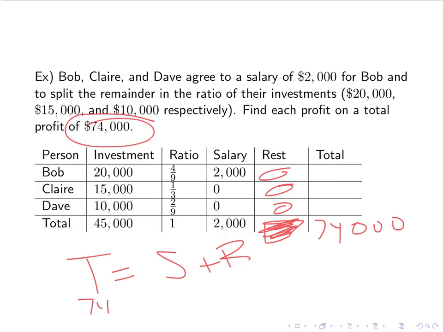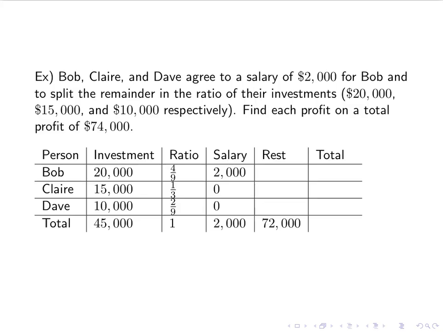So I know 74,000 equals the salary, which is 2,000, plus the rest. So 74,000 minus 2,000 is the remainder, which is 72,000. So the rest column, I have to find the total before I can find the individual ones. And that's the only one that really goes backwards.